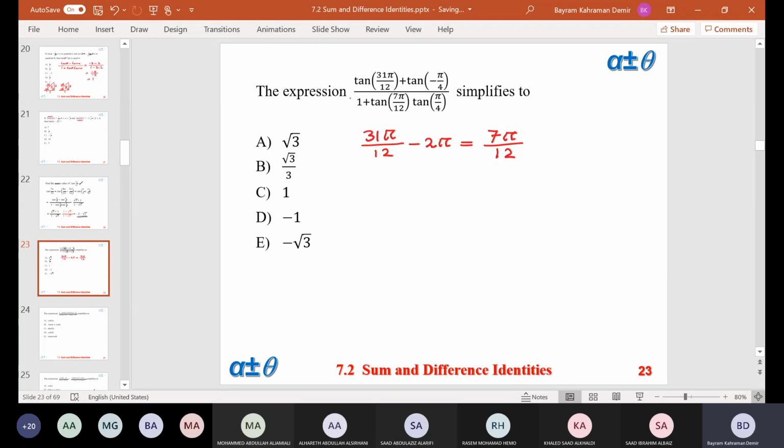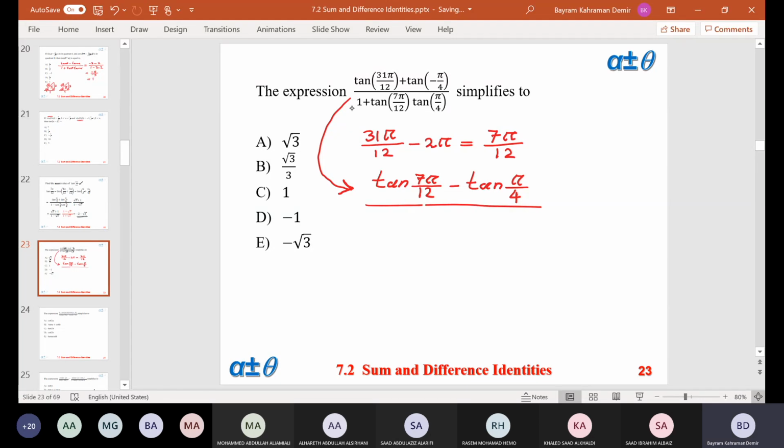So now let me write the question again here. It is tangent of 7 pi over 12 minus the tangent of pi over 4, because tangent is an odd function. Perfect.